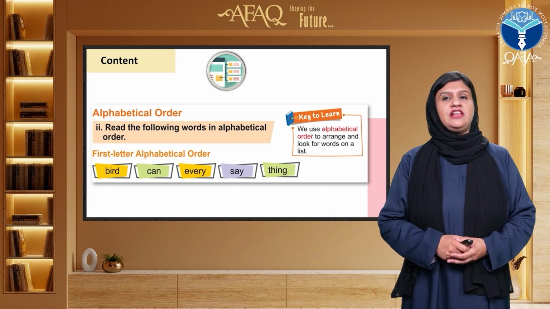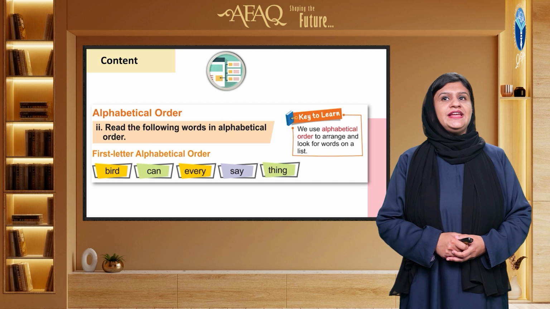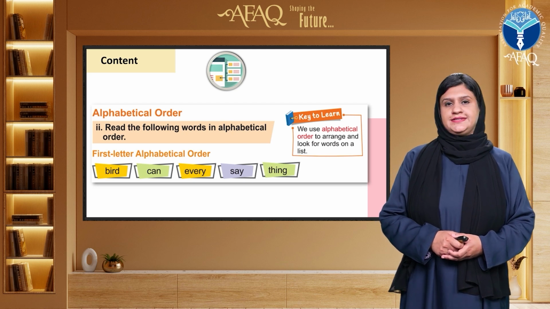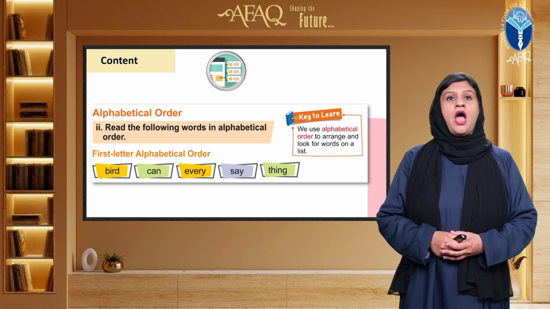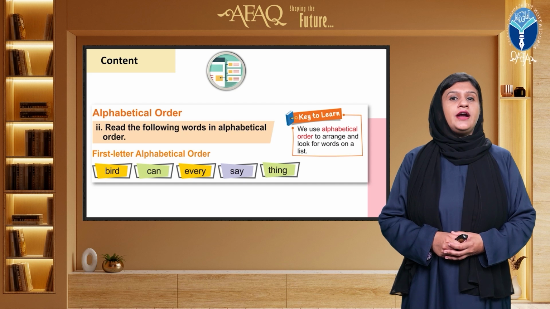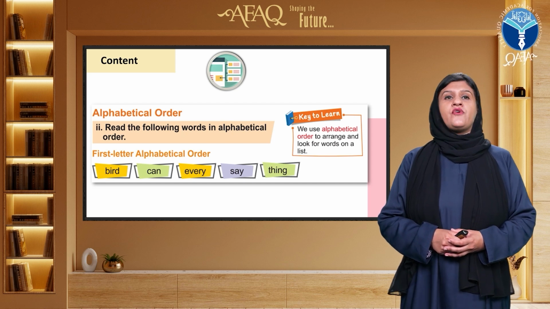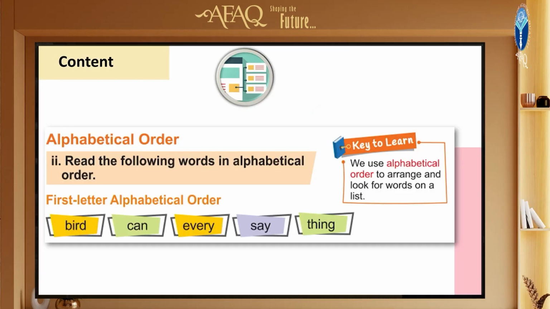We use alphabetical order to arrange and look for the words on a list. Here we have a list of words, and these words are in alphabetical order, right? For example, the words are bird, can, every, say, and think.